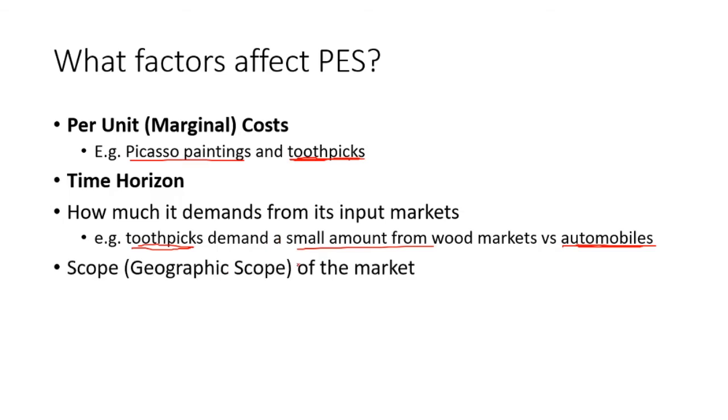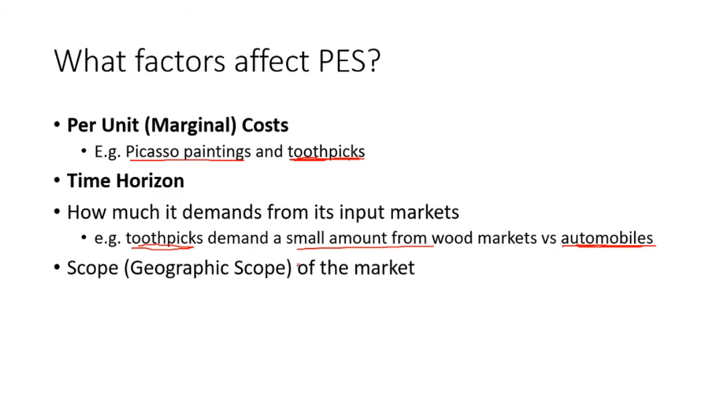Next one is the scope, or the geographic scope, of the market. So what that means is that if you consider a small geographic scope, if you say, okay, we have increased the price of clothes and Primark products, are we going to be able to easily increase our quantity supplied? And if you look at a narrow scope, which is to say quite locally, then there's only going to be a limit. There's only so much of the supply that's there at any one time.